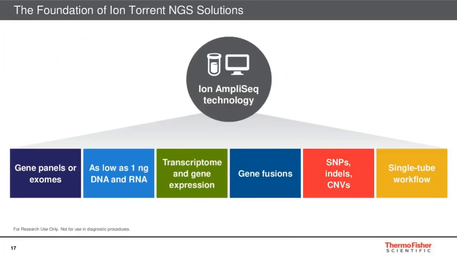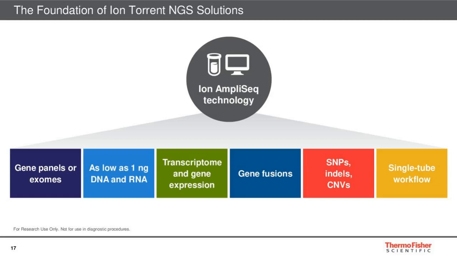The Ion AmpliSeq technology is globally recognized as the gold standard amplicon-based enrichment method for targeted NGS. This simple, versatile technology is based on highly multiplexed PCR, which allows you to target from tens to thousands of genes across different mutation types, including SNPs, indels, fusions, and copy number variants.